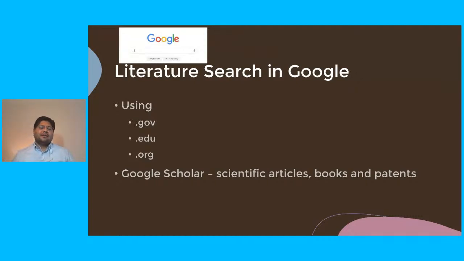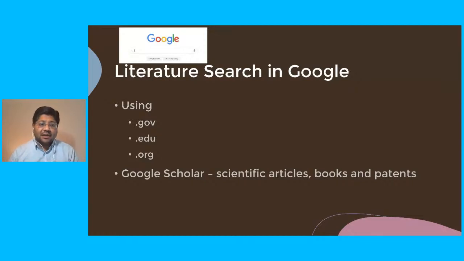I'm assuming that any information from websites ending with .gov, .edu, or .org will be comparatively more serious as compared to other sources of information. So this is one way with the help of which you can screen the seriousness of the information on the topic on which you are doing your literature search.